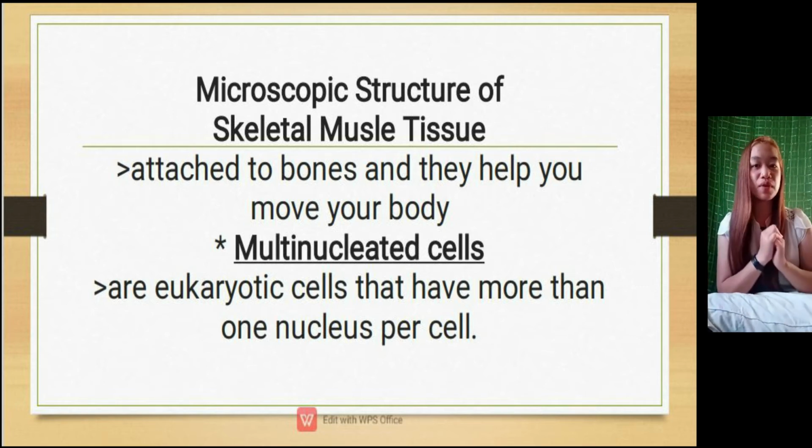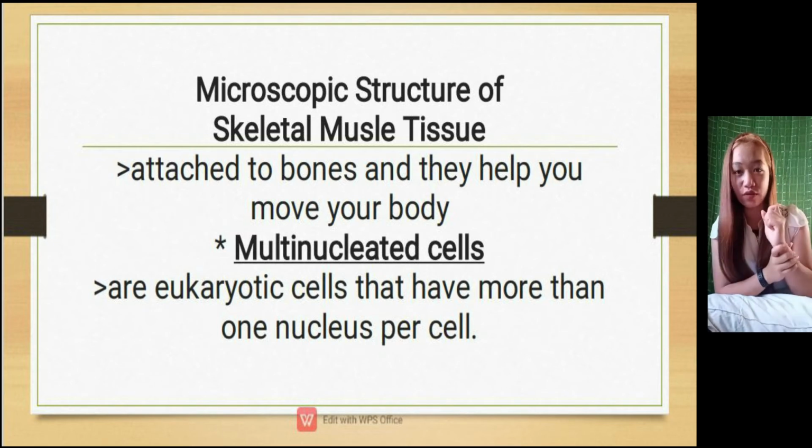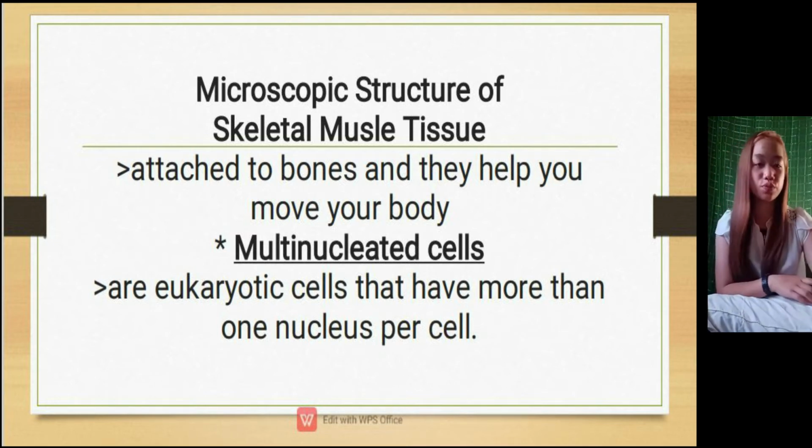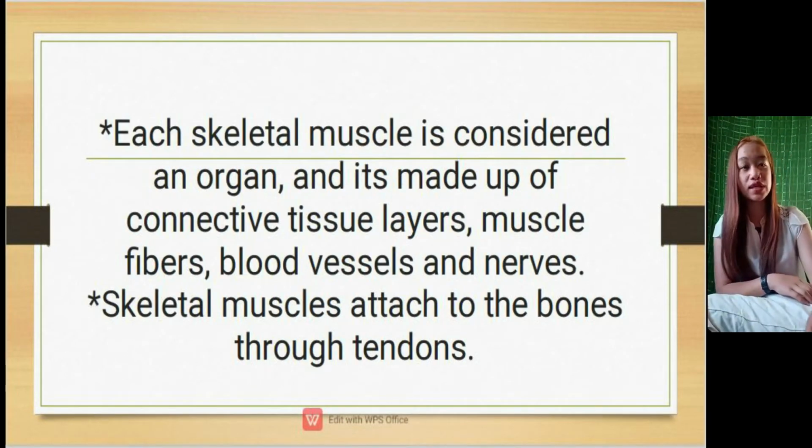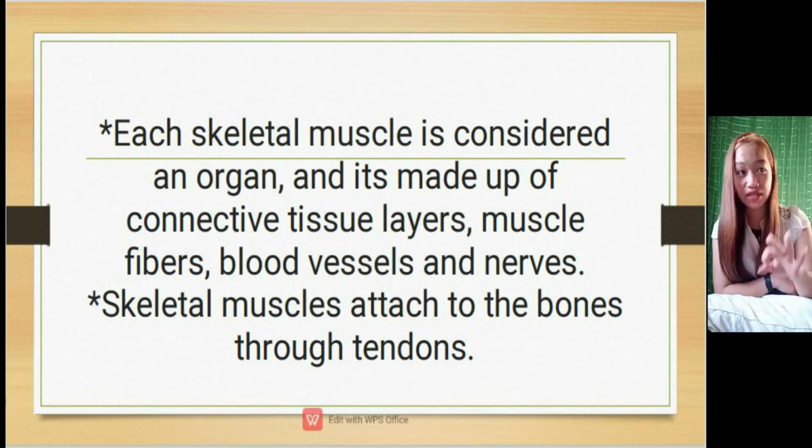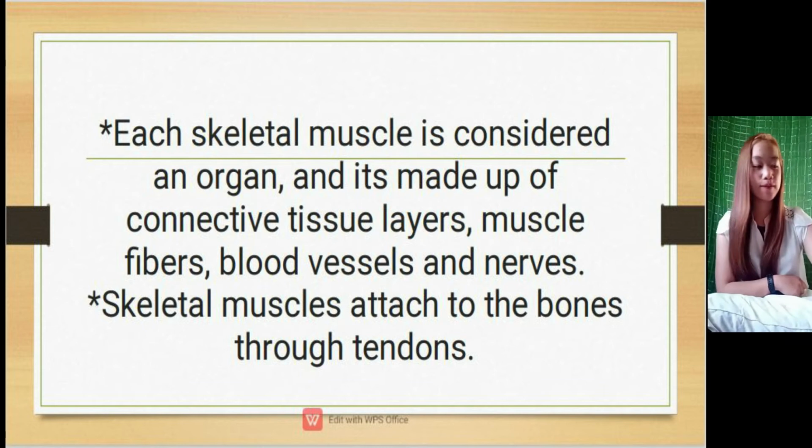So just remember the word multinucleated cells. This means more than one nucleus per cell. Each skeletal muscle is considered an organ because it is made up of connective tissue layers, muscle fibers, blood vessels, and nerves. And skeletal muscles are attached to the bones through tendons.